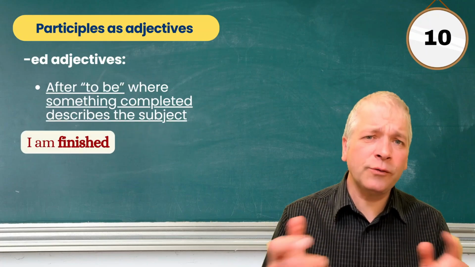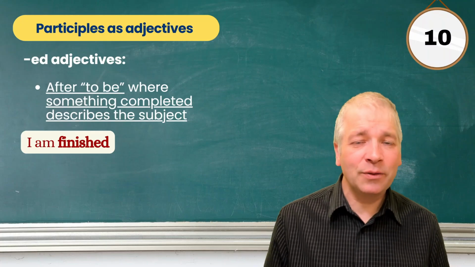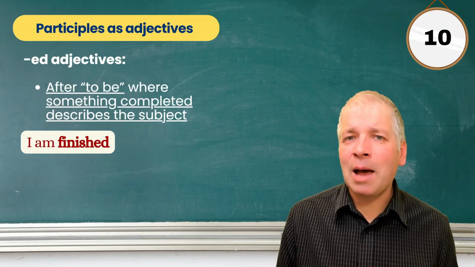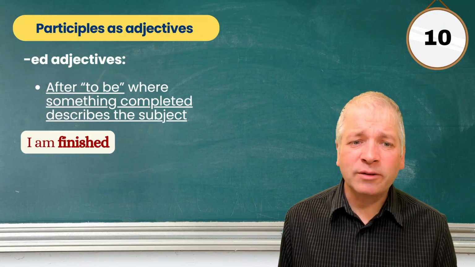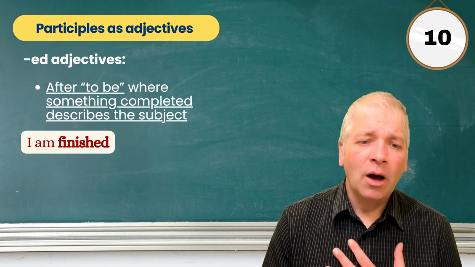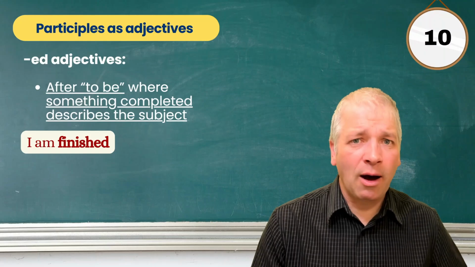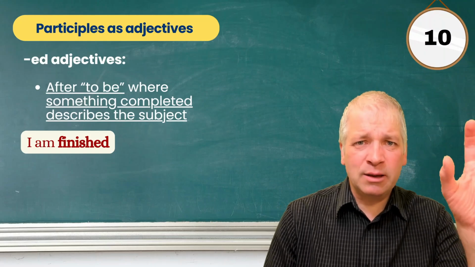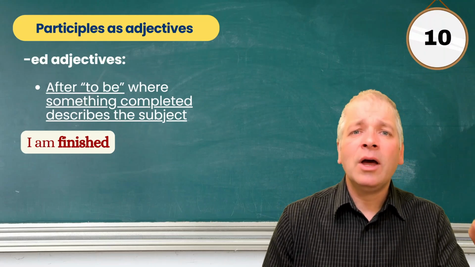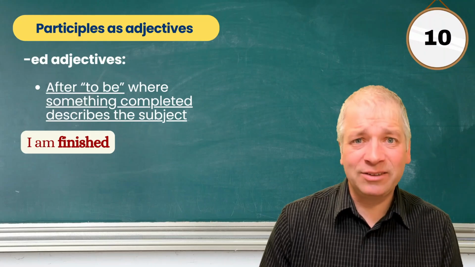And sometimes after the verb to be, where something completed describes the subject. I am finished, that describes the completion of something by me. I finished it. I finished everything I need to do. But I could say I am finished. This is my situation, and it's just my situation is described by something which I completed.